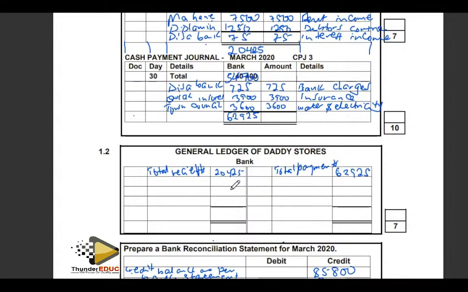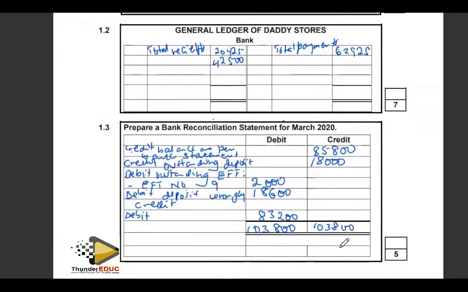So this minus this, what's the difference? 62,925 minus 20,425. The difference is 42,500. Let me first put it here, 42,500. You see this amount is not the same as what we get here, okay?